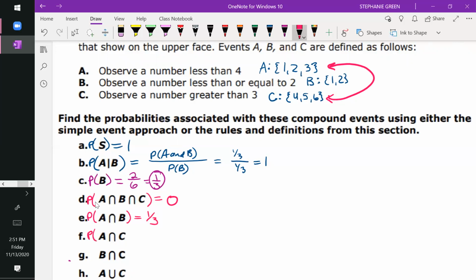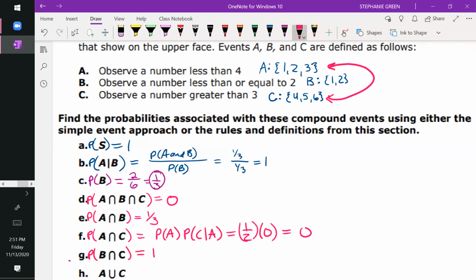And again, if I go through the process here, probability of event A times the probability of event C given A, that will be 1/2 times 0, because C can't happen if A has happened. So it again will be 0. Same thing for the next one. B given C is also 0.